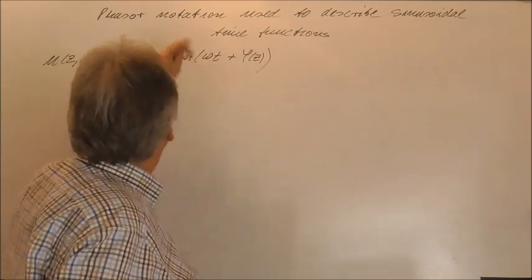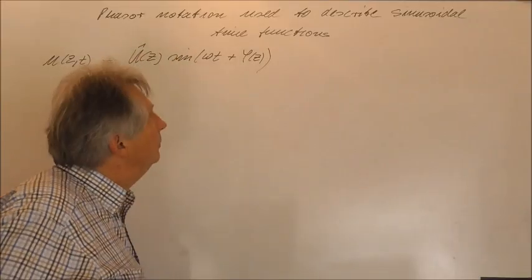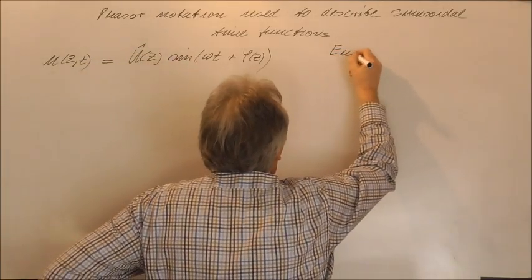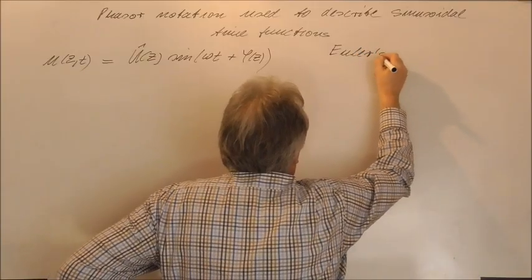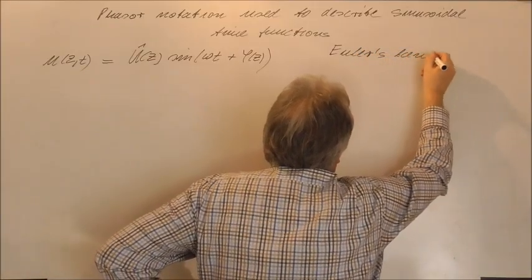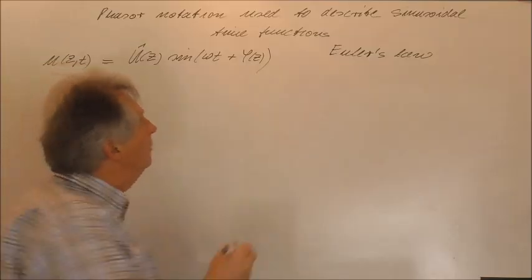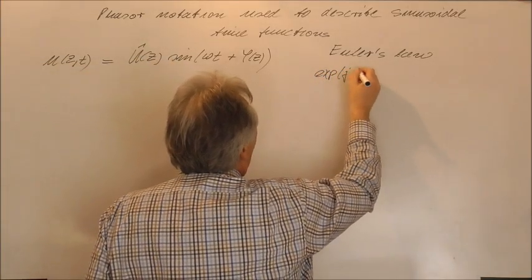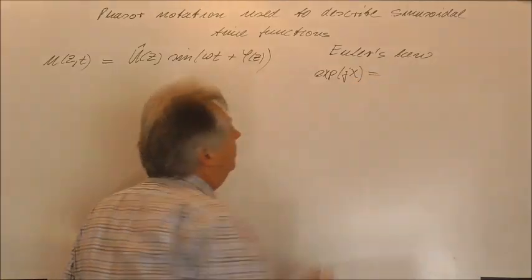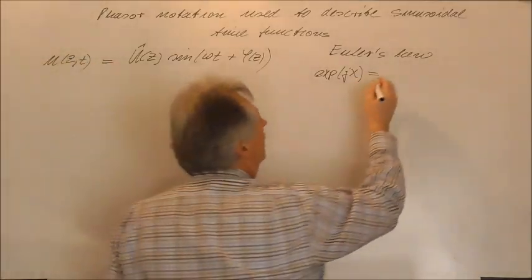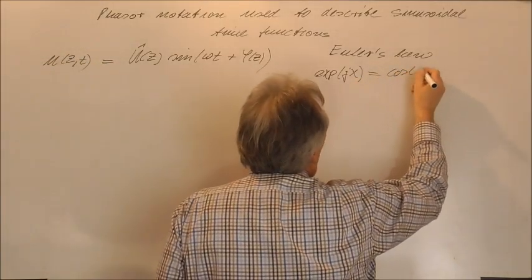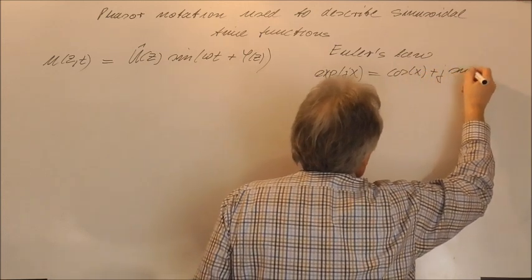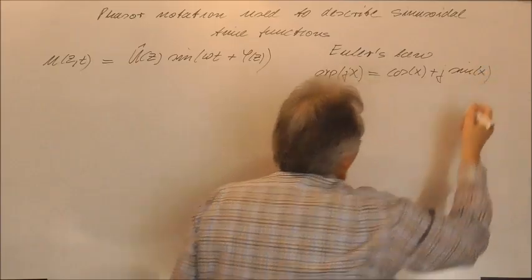To go on and deduce the phasor notation, we remember Euler's law. According to Euler's law, the exponential function e to the jx can be written as cosine of x plus j sine of x.